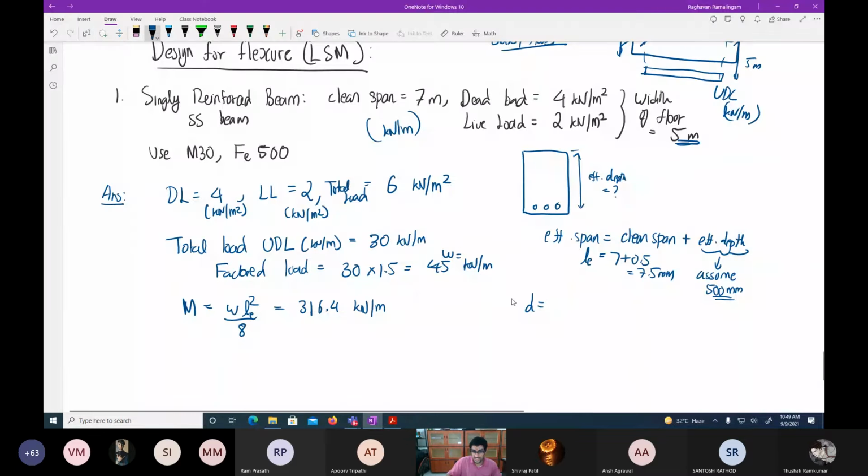You saw yesterday's class, we had these ratios for simply supported beam. So now we can make a check where we have the effective span. Just one minute.